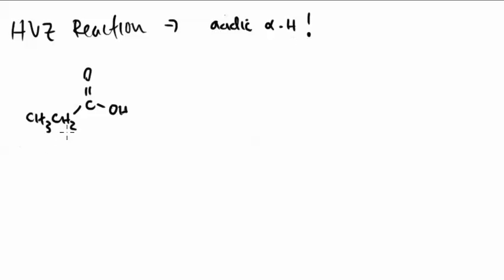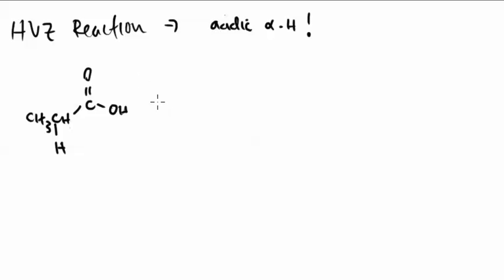So I'm going to draw our acidic hydrogen. So let's erase this hydrogen because that's the hydrogen that I've just drawn out here to the side, and that's our acidic alpha hydrogen. So if we can bring in some type of base that will pull that hydrogen off, then the first part of this reaction is going to be accomplished for us.